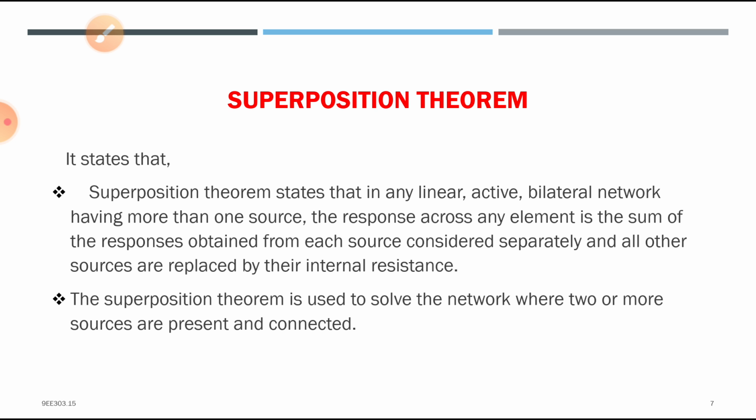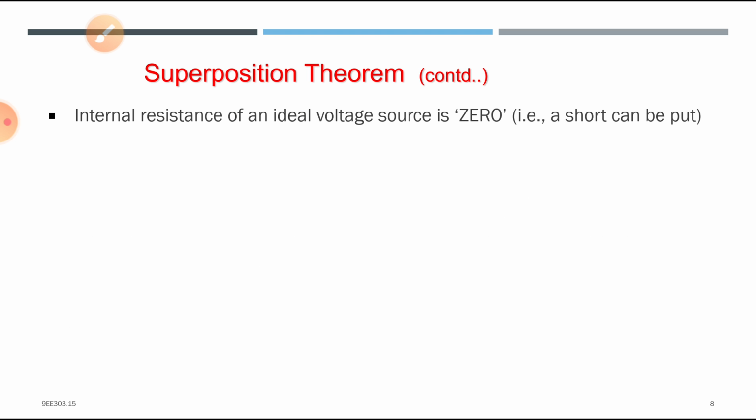Now, what are the salient points in the superposition theorem? The internal resistance of an ideal voltage source is 0, so simply short the two terminals.